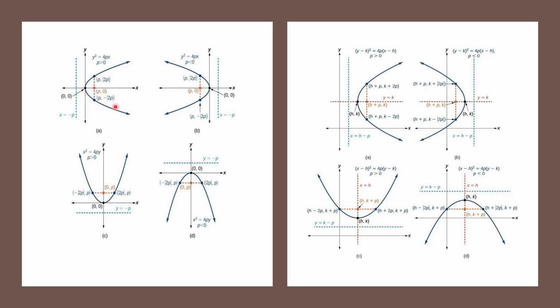It opens to the right, then the equation is y squared equals 4ax. If it opens to the left, y squared equals negative 4ax. Here it goes up, so it's x squared equals 4ay, and here it goes downwards, it's x squared equals negative 4ay or negative 4py.